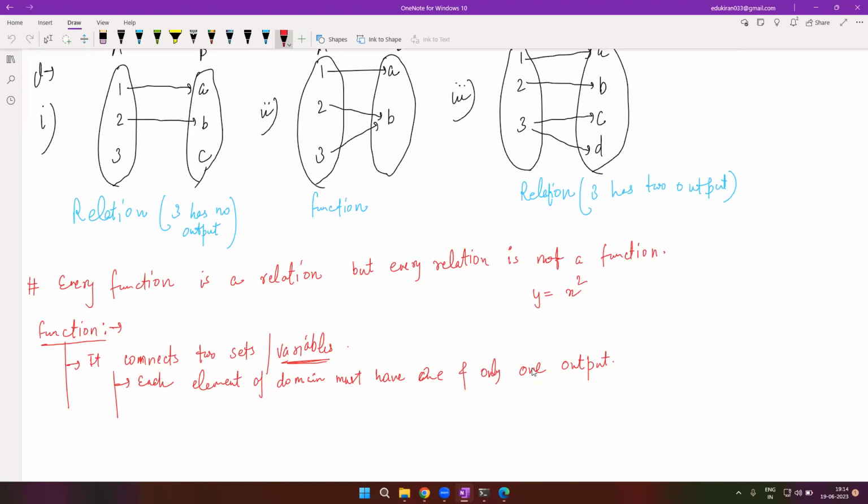मैं यहाँ पे कुछ भी रखूंगा x की वैल्यू, कुछ ना कुछ आंसर आना चाहिए, तभी तो इक्वेशन का कोई पॉइंट है. Otherwise there is no point of forming an equation if you can't get an output. Because we are using function as the mathematical equations, every mathematical equation has an answer. That is why the first point, that every input must have an output.